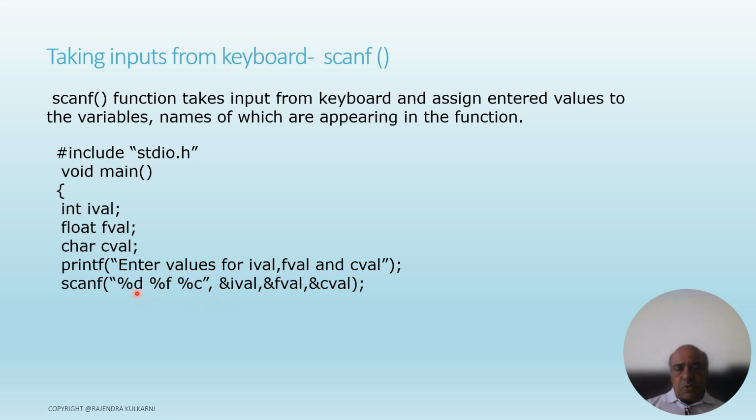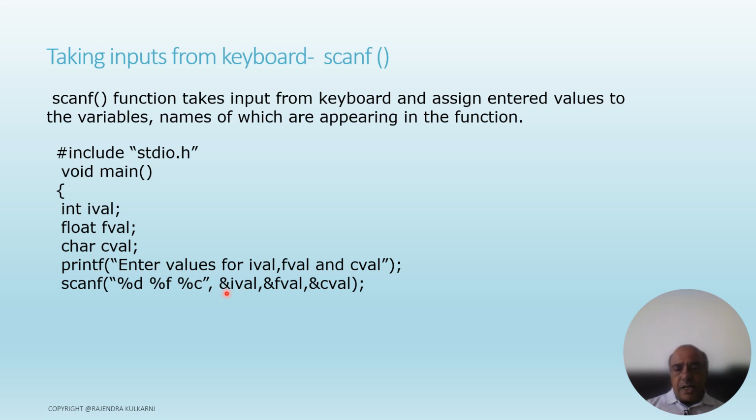Here the first format specifier we have entered is %d, which stands for int variable. So naturally the first variable name that appears in the scanf function will be ival, and ival is attached with an ampersand. This is a must.